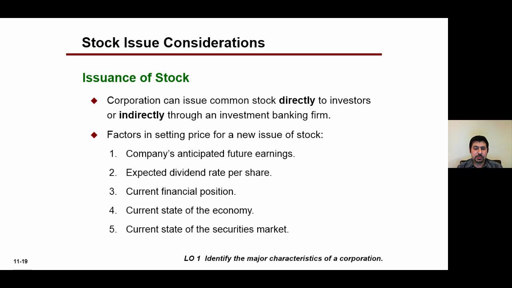Now, there are several factors, like we mentioned before, that affect the price of a new issue, the price of a stock when it is to be issued, and that depends on, for example, the expected company's future earnings, the amount of dividend per share that the company is expecting, the current position of the company, the current economy, whether there is an inflation or whether there is a recession, etc., as well as the current state of the securities market.